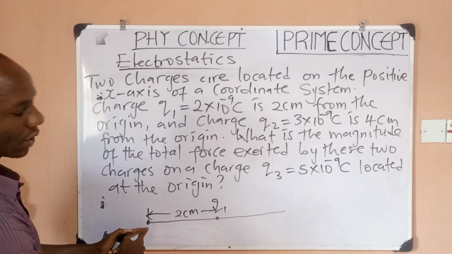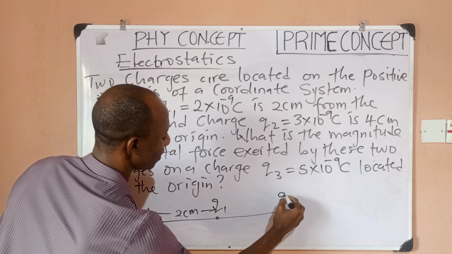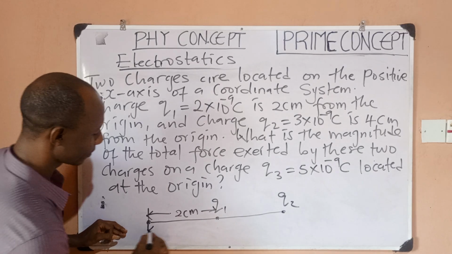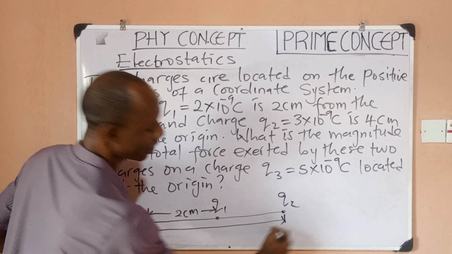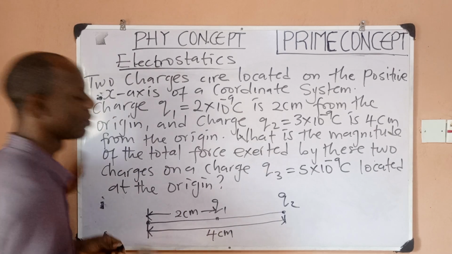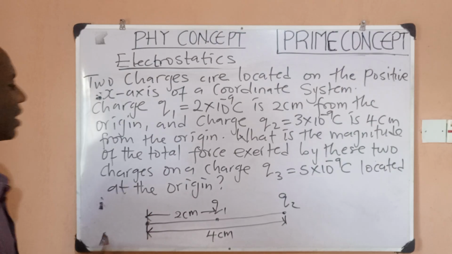So if this is where Q2 is, the distance from here down to this point is going to be 4 centimeters, because they told us 4 cm from the origin. So this is our diagram.